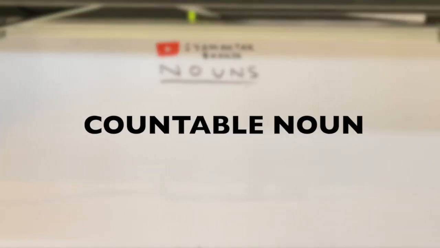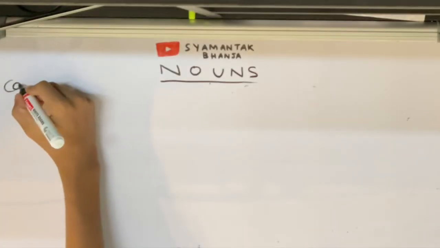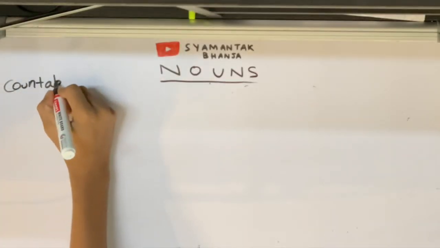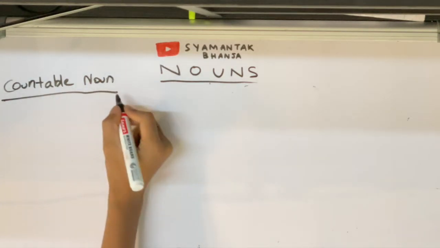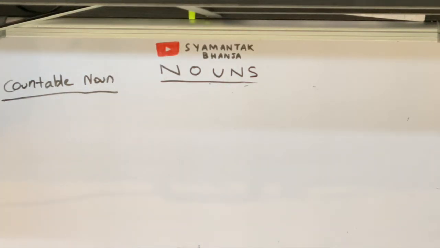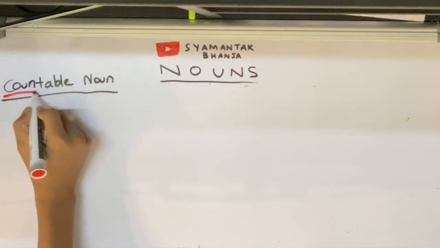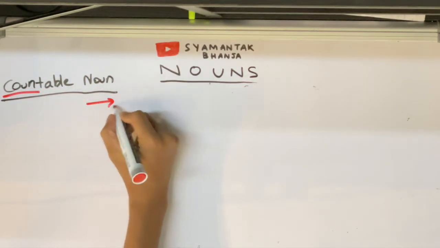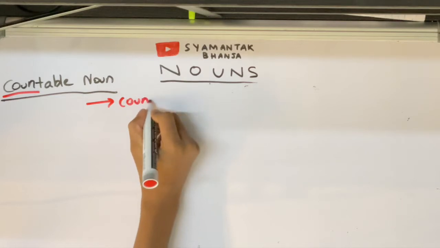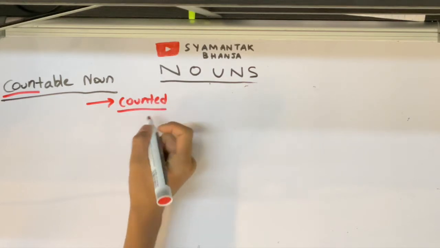Okay, the next thing is countable nouns. What is a countable noun? This is in the name itself. Anything that can be counted.